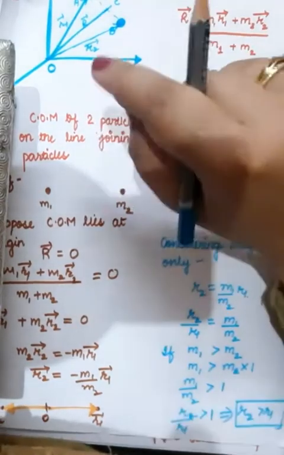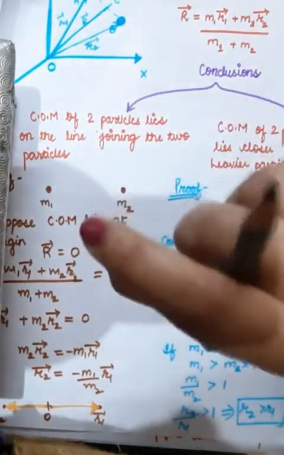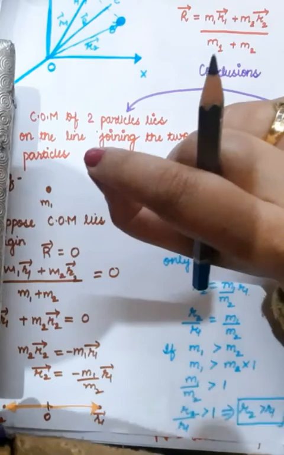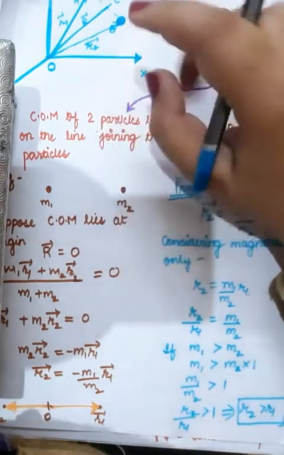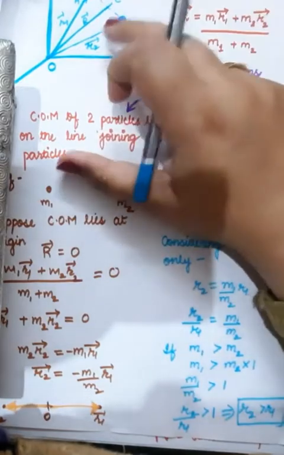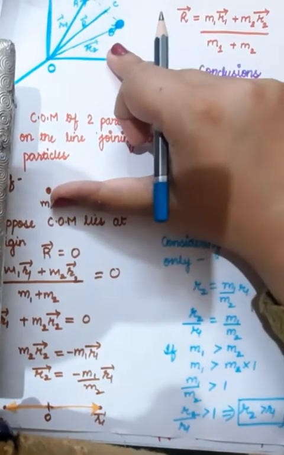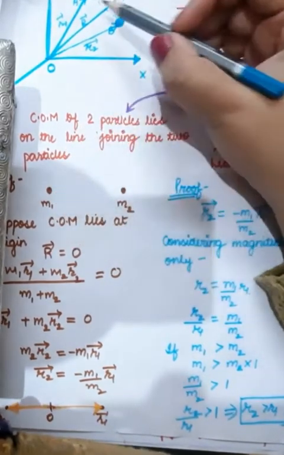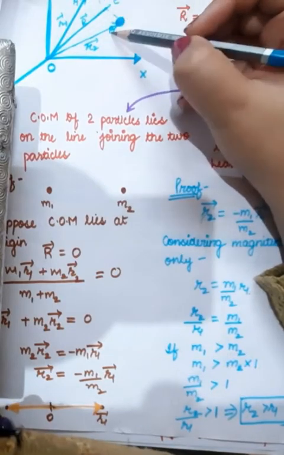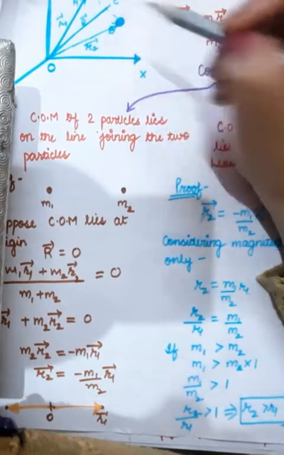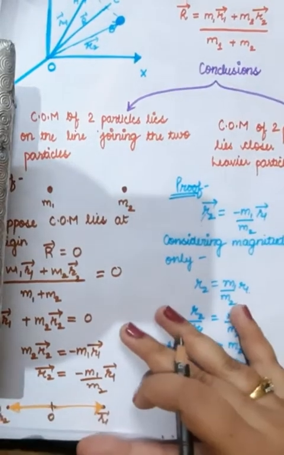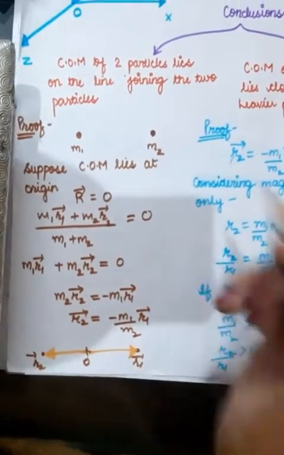I repeat, if there are only two particles in the system, then their center of mass lies on the line joining them, right? Like A and B were two particles and their center of mass was lying on the line which was joining those two particles. Let's have a proof of this, okay?